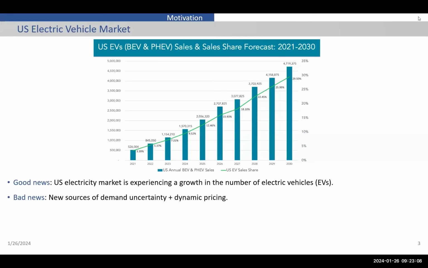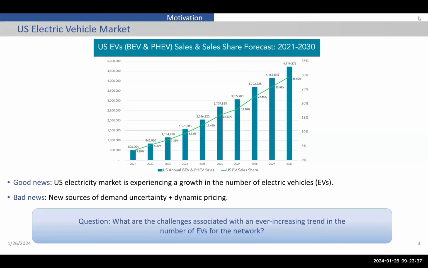But the bad news with this increase is these EVs are a new source of demand. They are really significant on the demand side. And there is another challenge that we have here, which is the dynamic pricing. I will talk about the dynamic pricing. So these two challenges are the bad news that we have with the EV network.